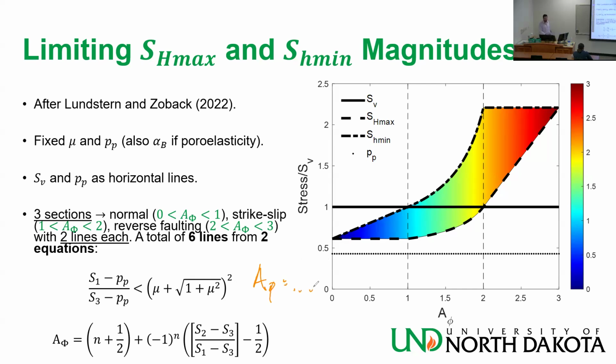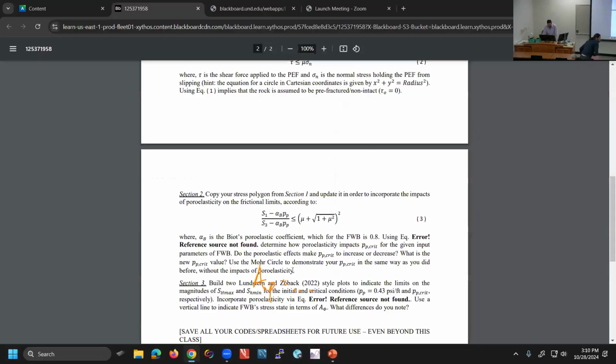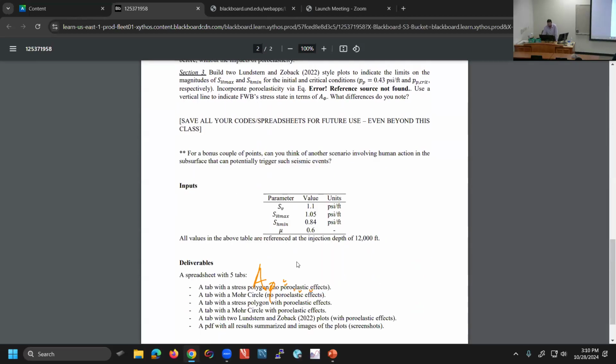It's going to be a certain value. Let's see, what is it? SV is 1.1, SH max is 1.05, so close to it. SH mean is 0.84. What kind of stress regime is it? Normal, reverse, or strike slip?